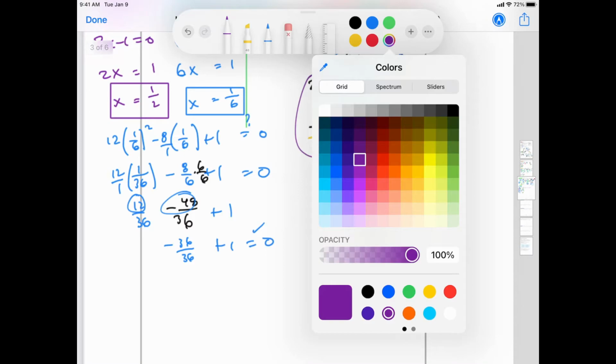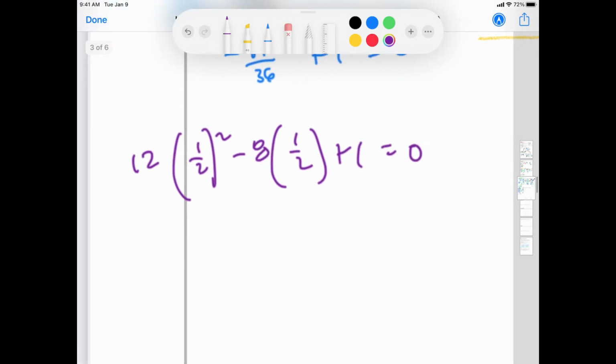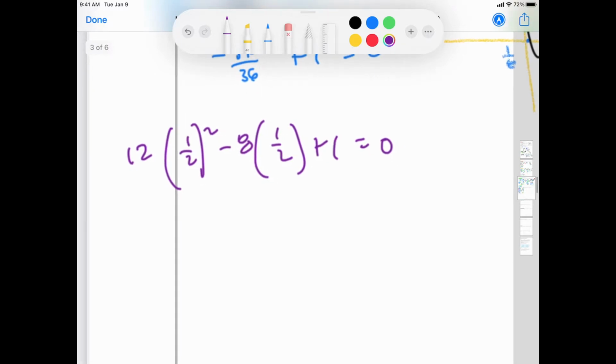All right, let's do this one right here. 12 times 1/2 squared minus 8 times 1/2 plus 1 equals 0. 1/2 squared is 1/2 times 1/2. So you just multiply across and you'll get 1/4, minus 8 over 2.